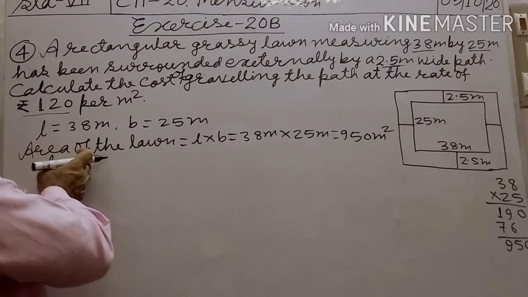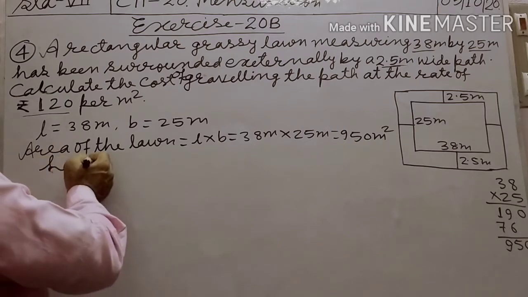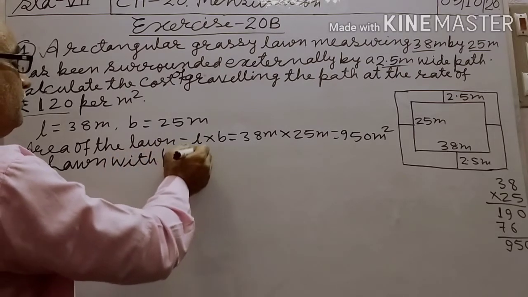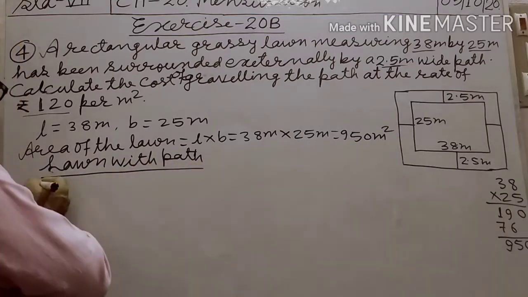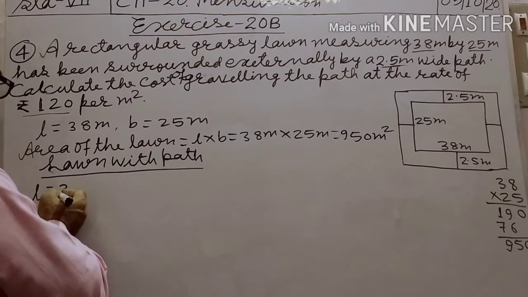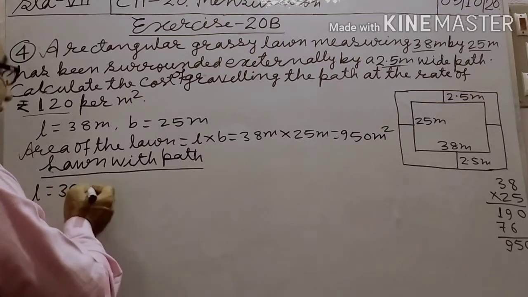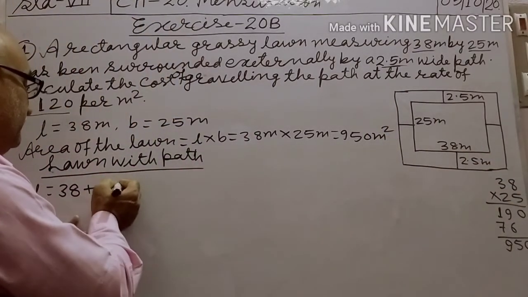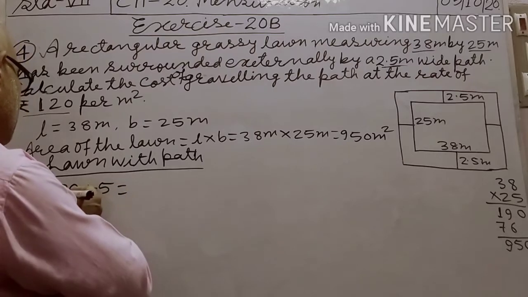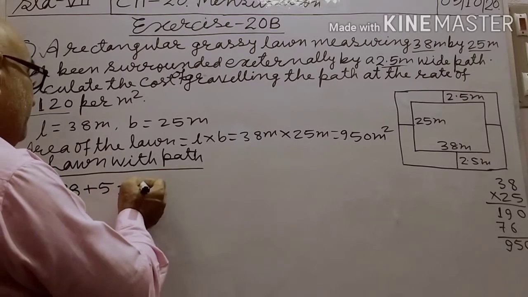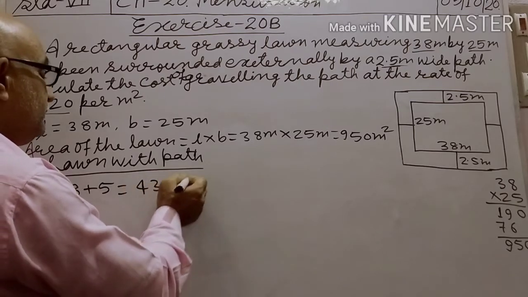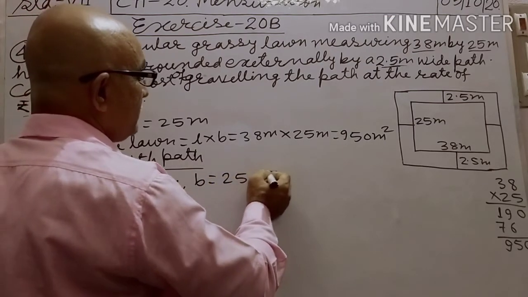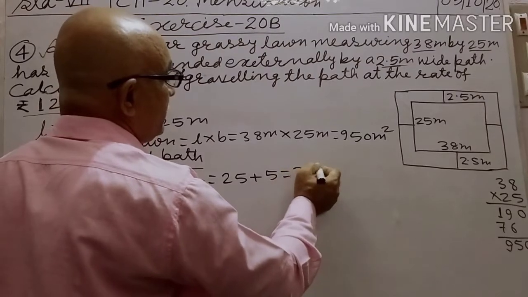Now lawn with path. Length equal to 38 plus 2.5 this side and 2.5 that side, so 5 meter, 38 plus 5, 43 meter, and breadth equal to 25 plus 5 equal to 30 meter.